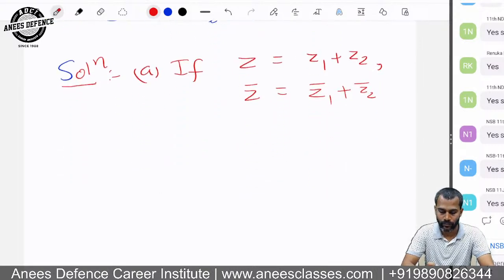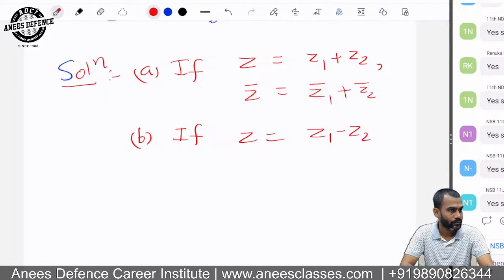Similarly, the second one: if Z is equal to Z1 minus Z2, then conjugate of Z is nothing but Z1 conjugate minus Z2 conjugate.